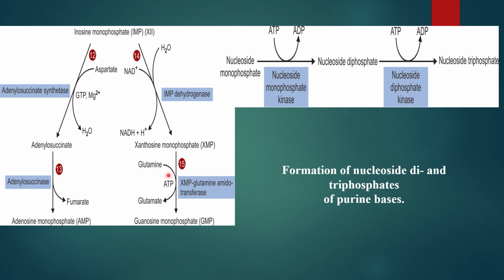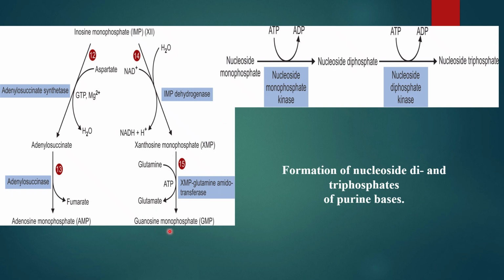So glutamine is acting as a source of amino group. So for the synthesis of AMP, there is a utilization of GTP. And in the synthesis of GMP, there is a utilization of ATP nucleotide. So this is a kind of opposite use of these nucleotides.